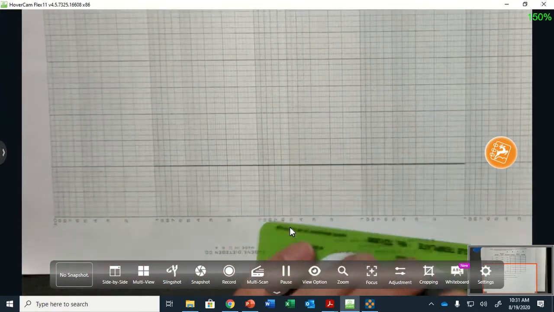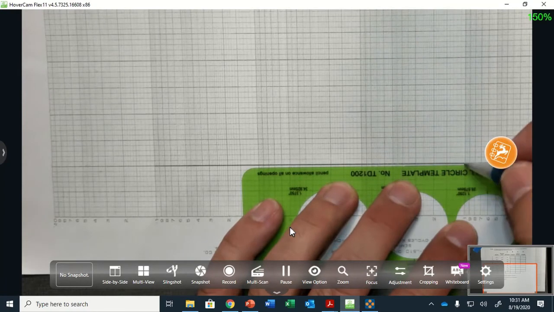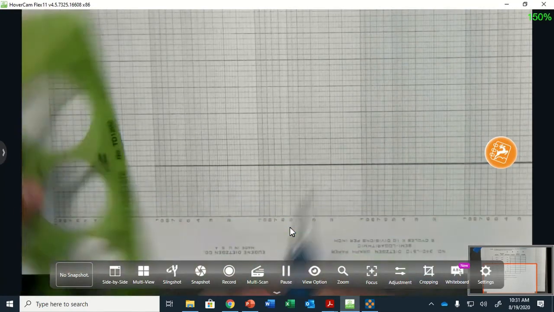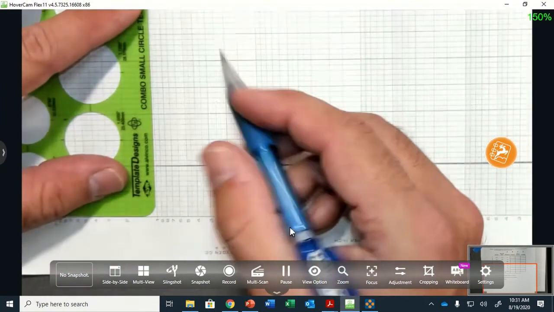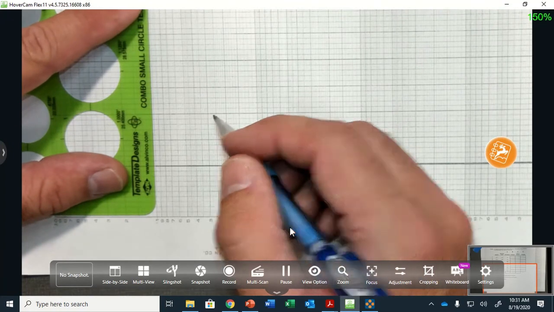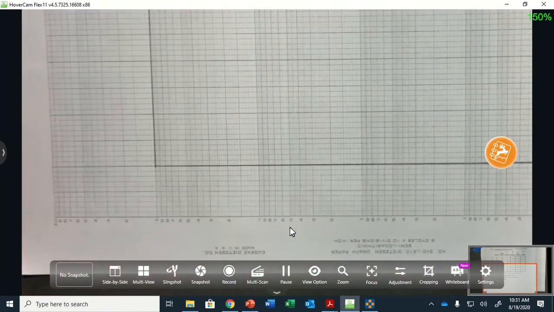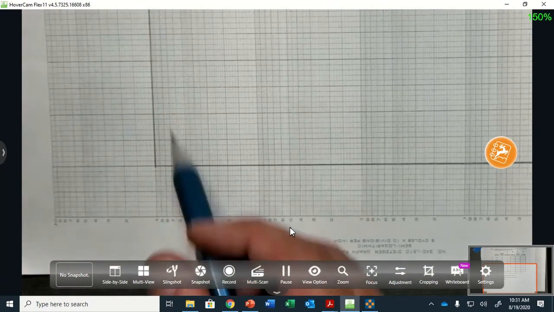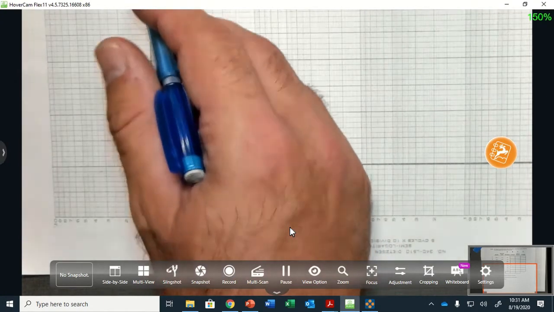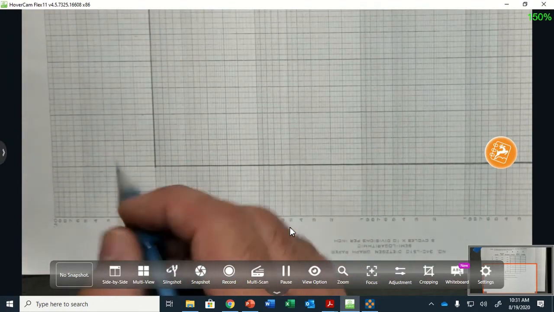I'm going to keep extending it, and then make my y-axis starting right here. So here's my x-axis, here's my y-axis.